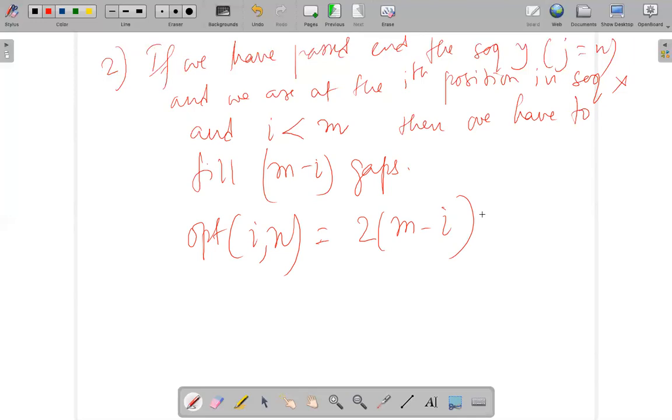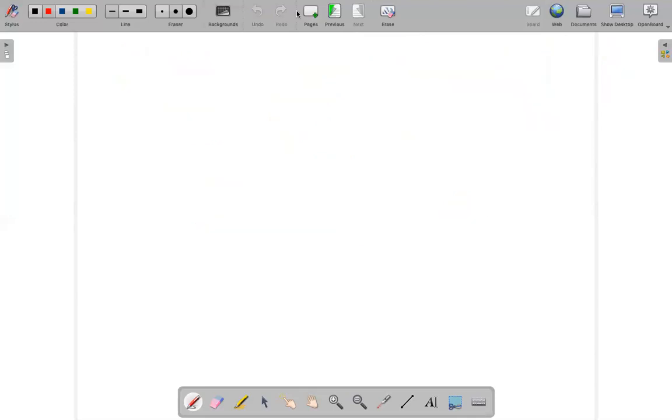Okay. Now, in order to achieve the dynamic programming, we will construct a table with M plus 1 and N plus 1 dimensions.